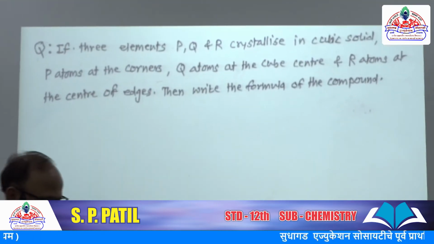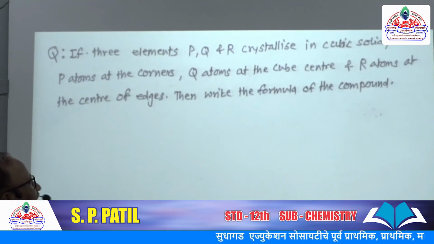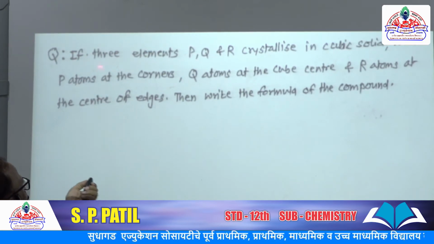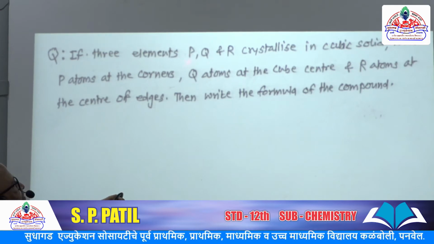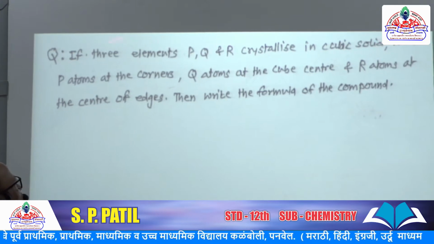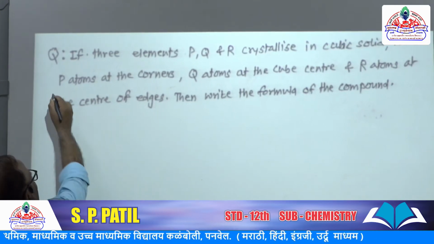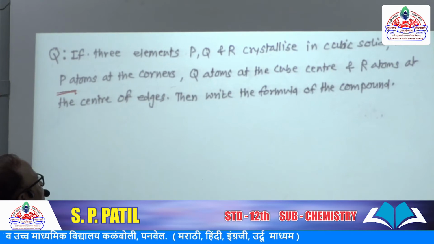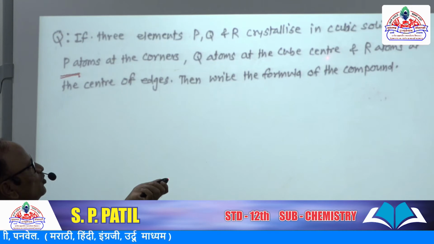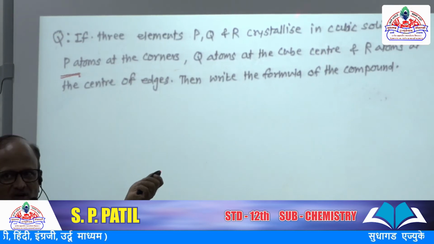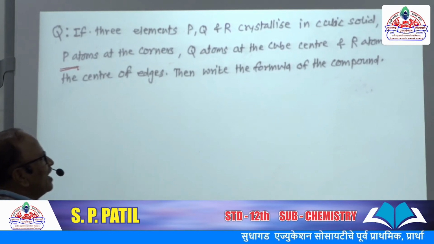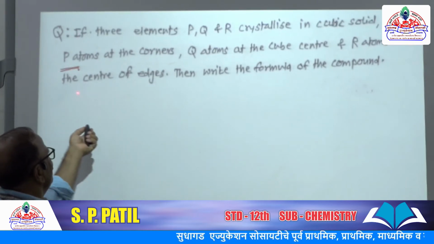Now let us go to the next, second question. Read this question. If three elements P, Q, R crystallize in a cubic solid with P atoms at the corners, Q atoms at the center of the cube, that is body centered, and R atoms at the center of edges.